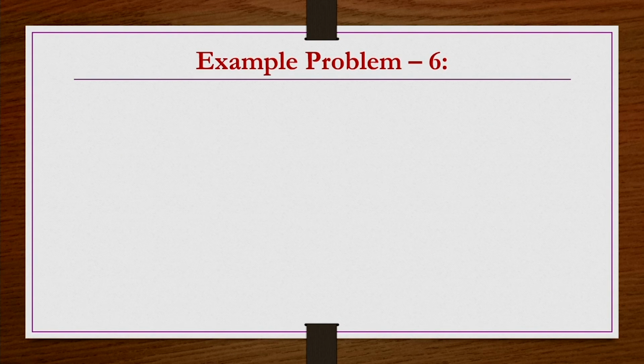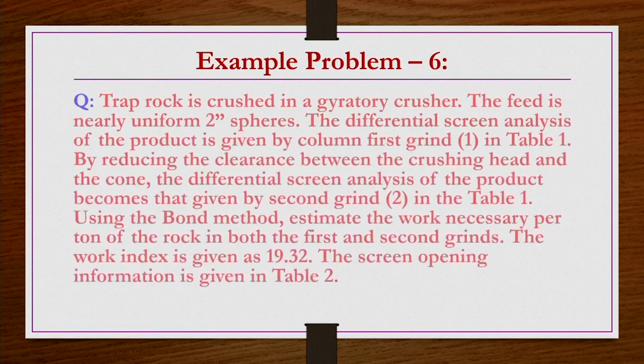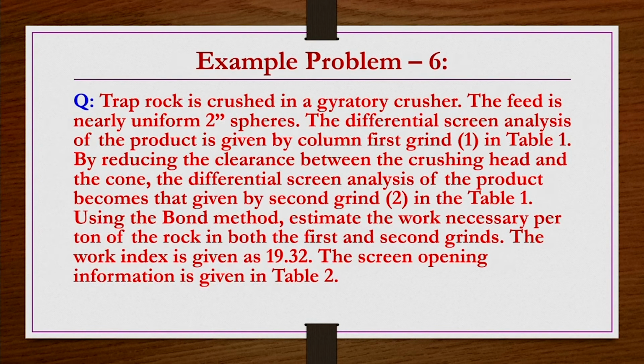Now we take a last example problem where we can understand things much better. Here a trap rock is crushed in a gyratory crusher. The feed is nearly uniform 2-inch spheres. The differential screen analysis of the product is given as grind 1 in table 1, in the next slide.